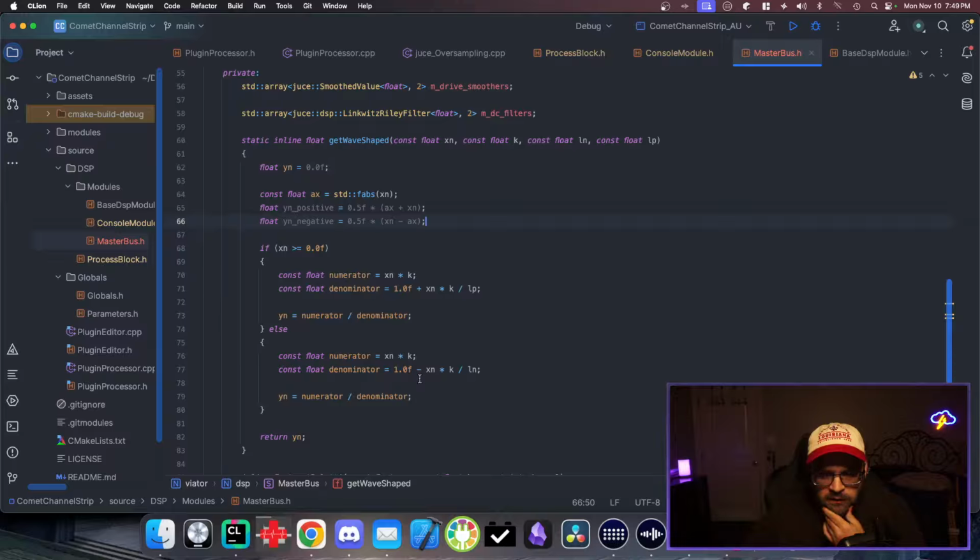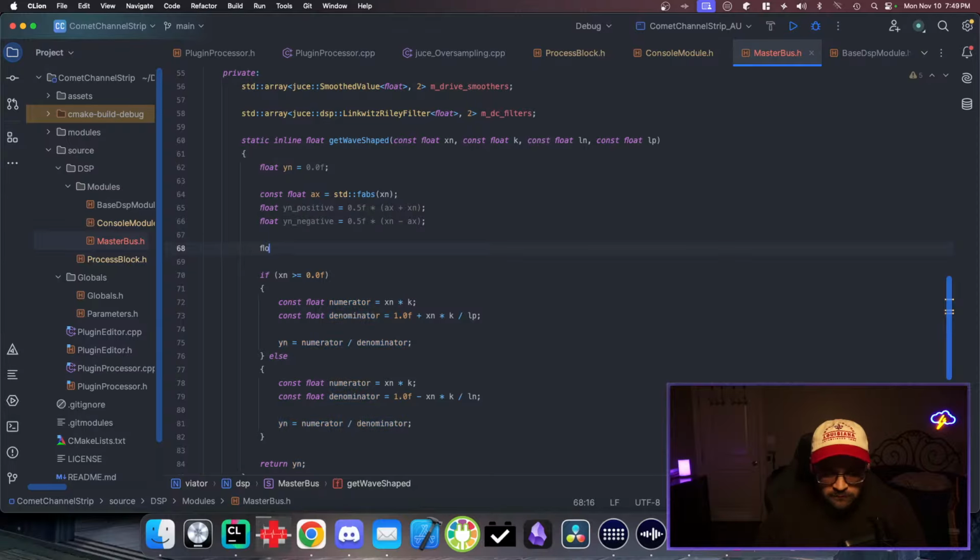That should be fine. What we could do is we could also do float denominator negative, which is equal to this. And then we can have denominator positive.